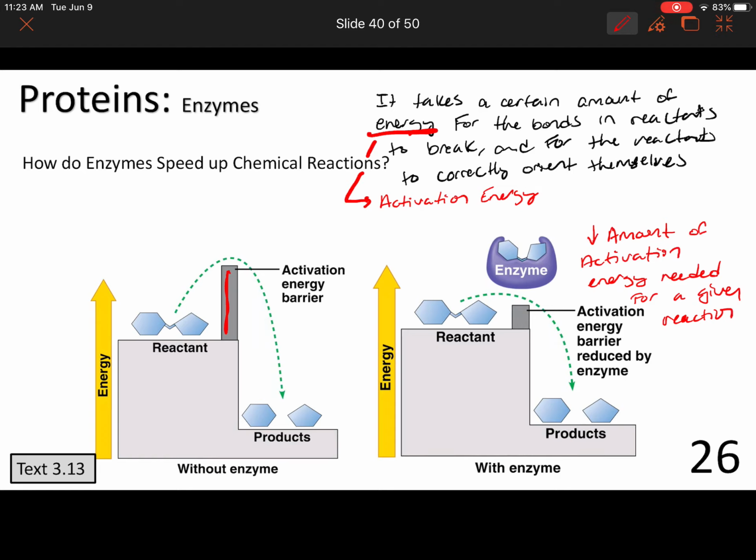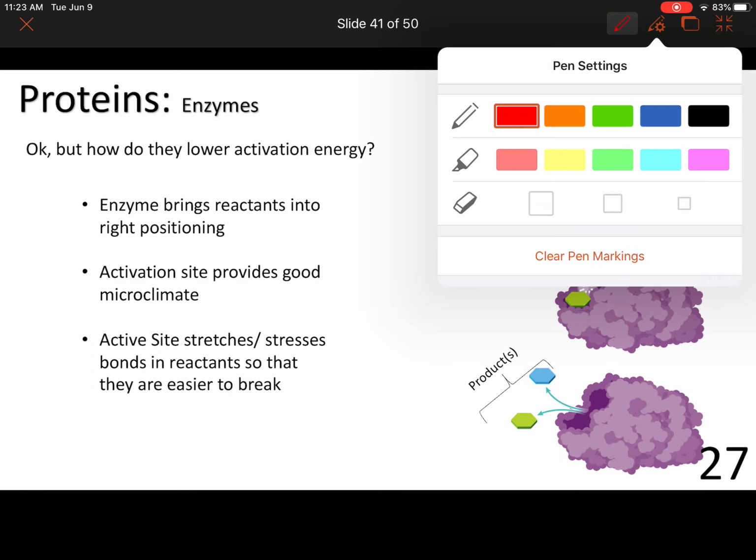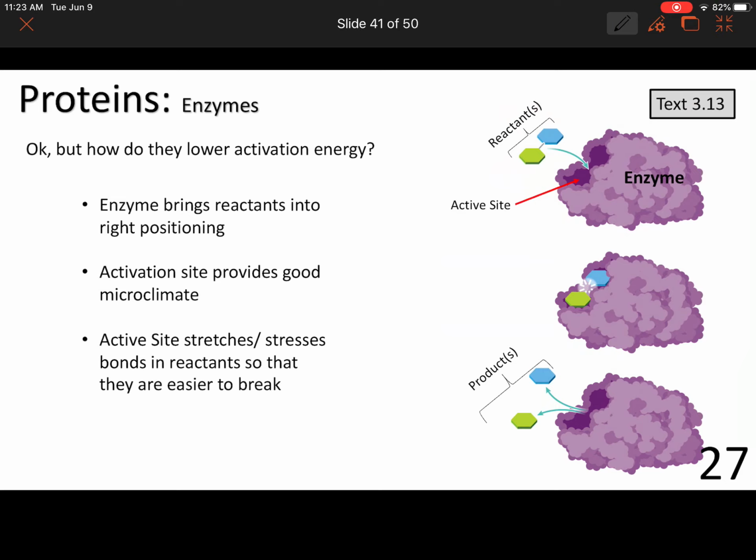And this diagram is illustrating that by using this barrier. You can see here that the barrier is taller, i.e. the activation energy requirement is higher without the enzyme. The enzyme lowers the amount of activation energy needed, and therefore, since less energy is needed to start the reaction, it can progress quicker. So a good follow-up question is, okay, how are they decreasing the amount of activation energy?